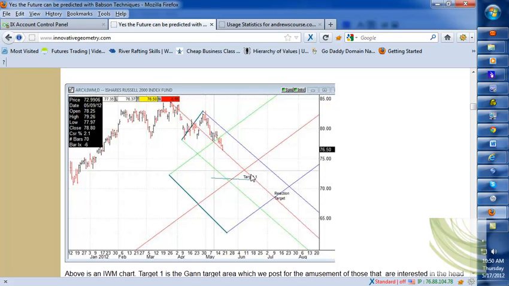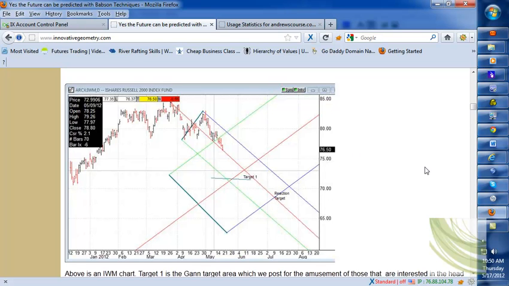Typically what I like to do is wait until prices are down here, and if something else doesn't get me to go long before that, and prices come down here, then I'll wind up drawing my lines, because then I'll have a whole bunch more data to do that with.